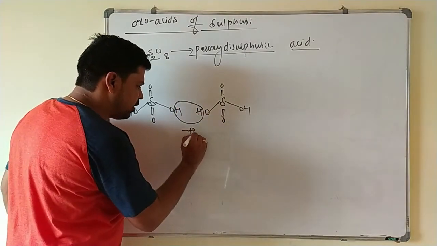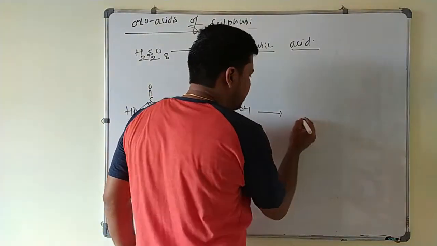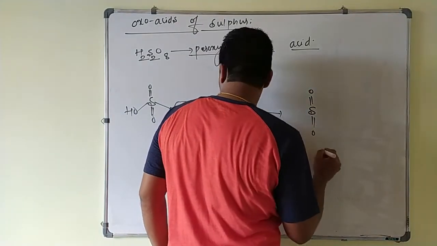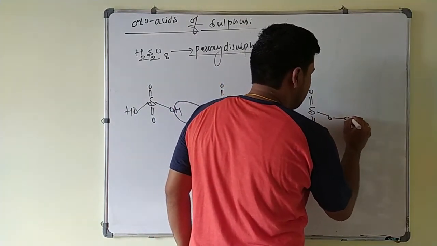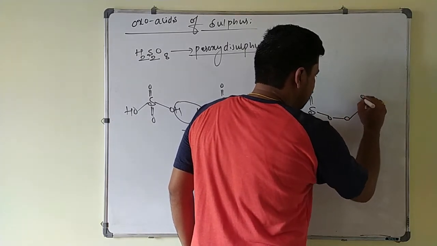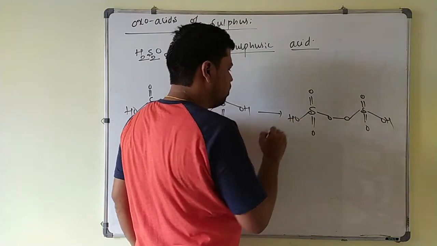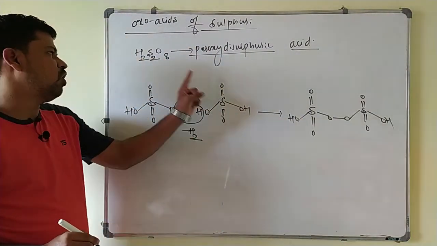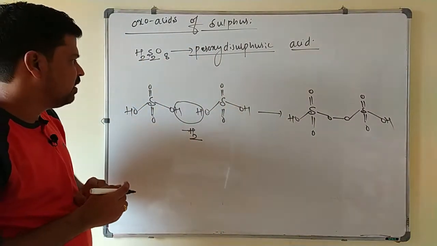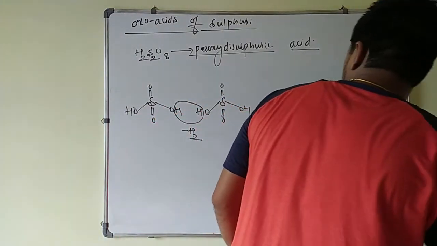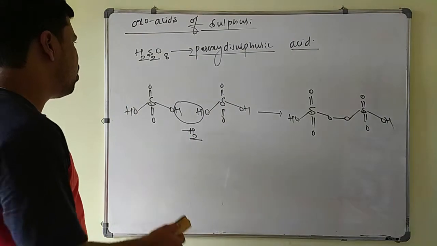You are removing H2 here. So what will you get here? You will get an SOOS bond, that is S double bond O, S double bond O, oxygen, oxygen, and this is sulfur, S double bond O, and this is OH, and this is your OH. So this is the structure of peroxy disulfuric acid.